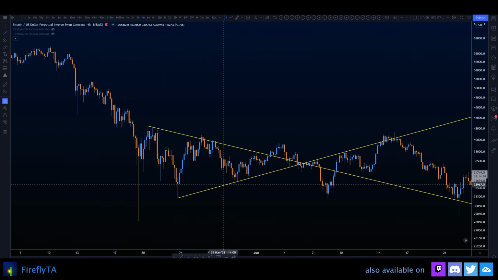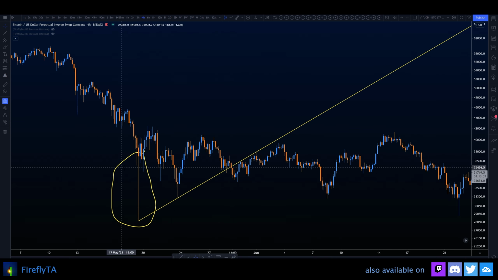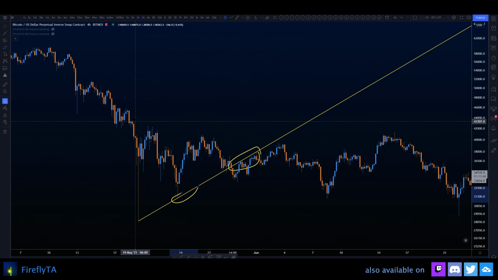However, if you're going by wicks, one thing is very important. You see this big capitulation wick over here. When you draw a trend line from here through here, you see that the incline is very steep, a very sharp rise of this trend line. As you can see, it is still support and resistance. It works.